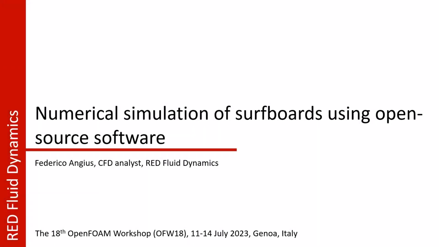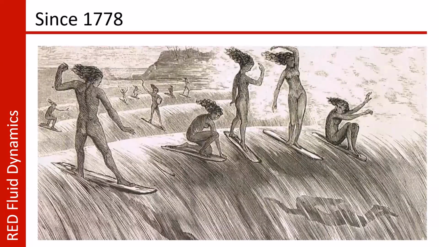To talk about the numerical models that we developed at Red Dynamics to characterize the performance of surfboards. Surfing is a very ancient sport. The first historical evidence is from 1778 by the discoverer of the Hawaiian Islands, James Cook.